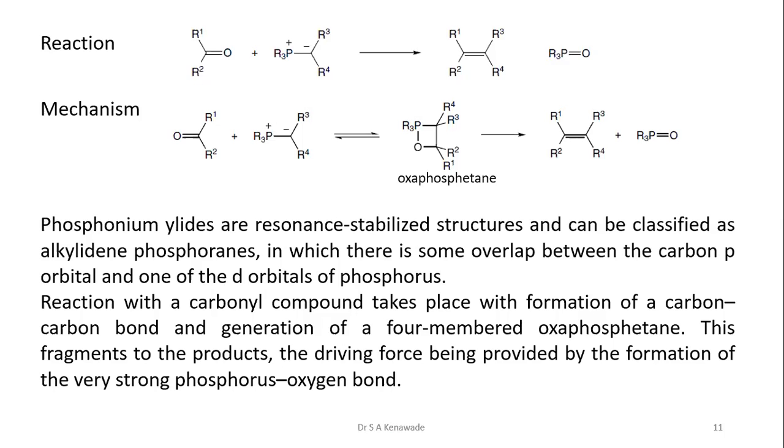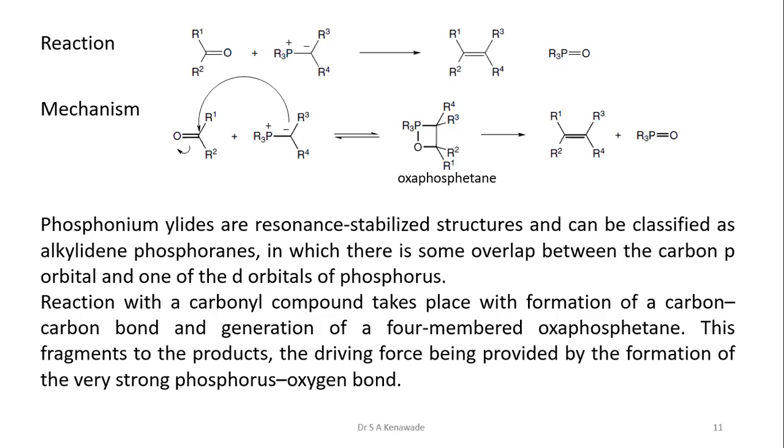We produce an oxaphosphetane derivative, and this oxaphosphetane rearranges to produce the alkene with loss of triphenyl phosphine oxide. The negatively charged species first attacks the electron deficient carbon, then O- is produced.